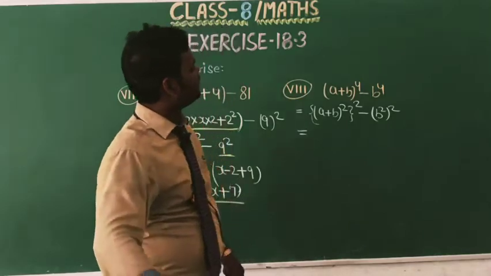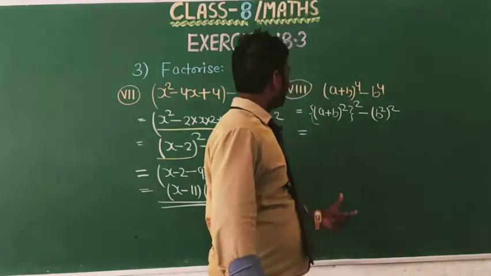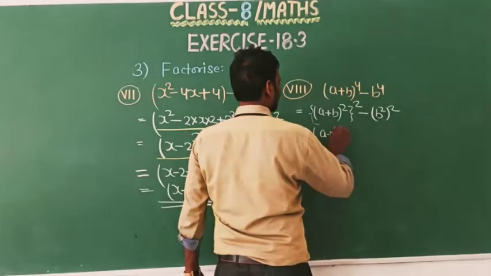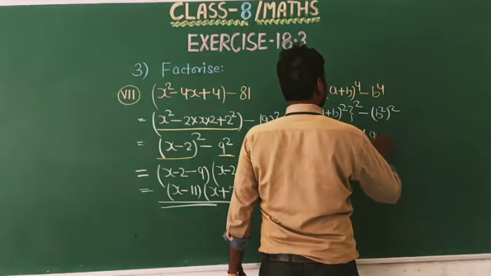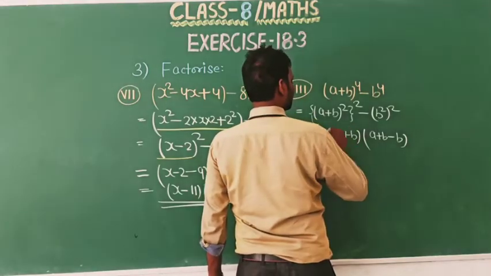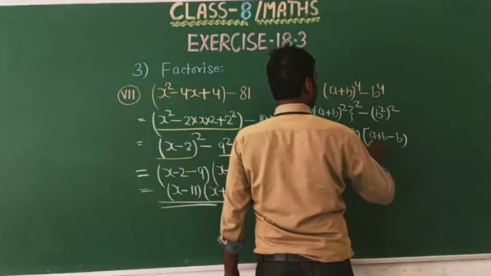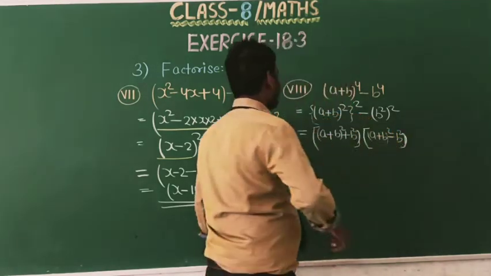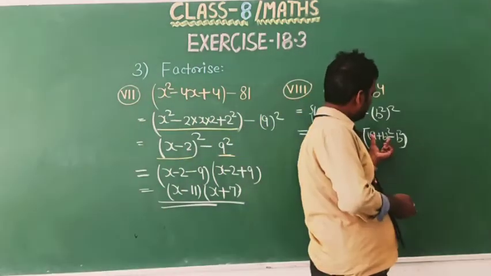Now using the identity a square minus b square equal to in one bracket a plus b and a minus b. So this is in one bracket (a plus b) square plus b square, and in the other bracket (a plus b) square minus b square.